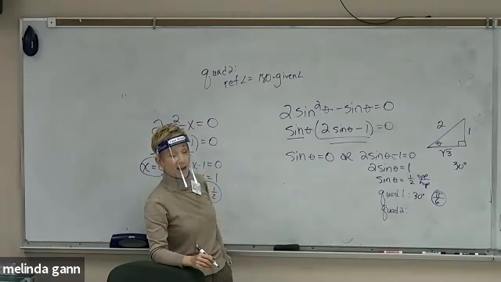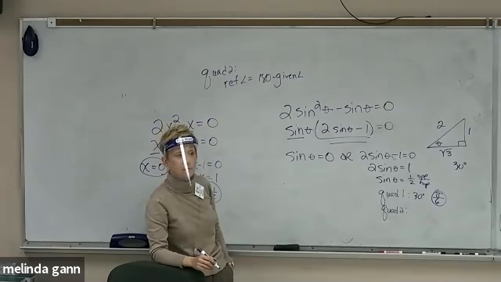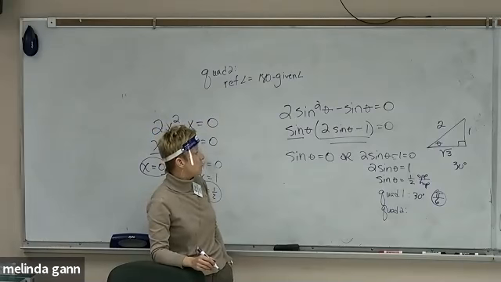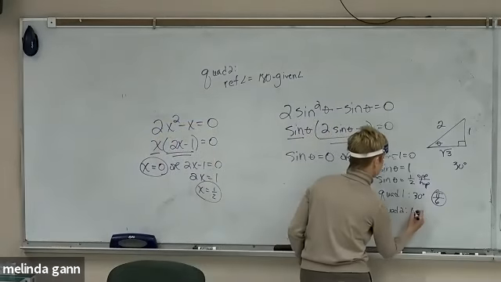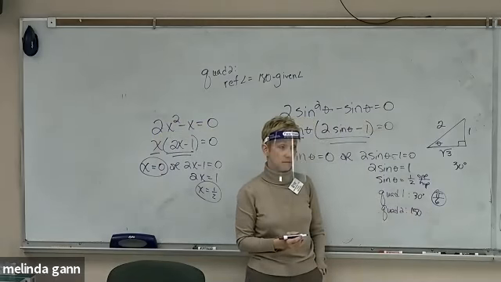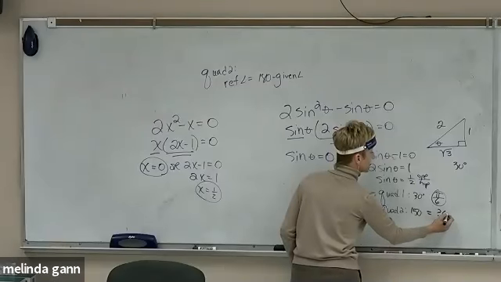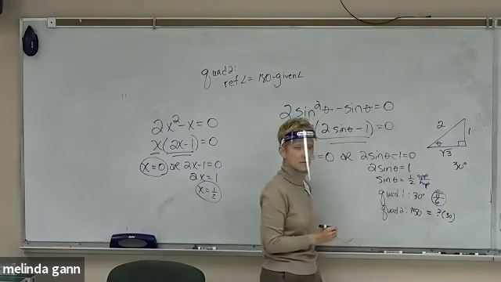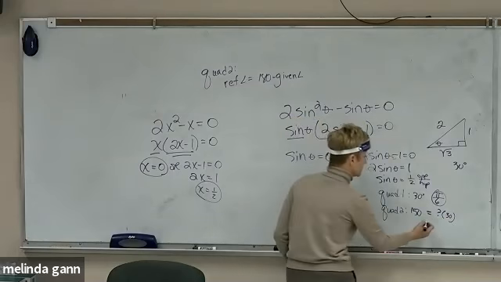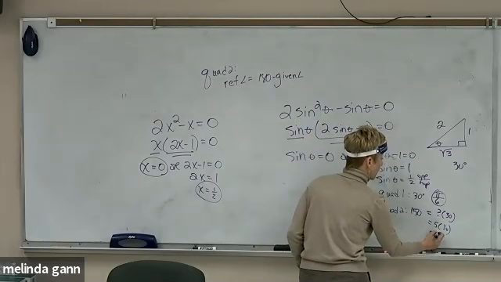So what do you subtract from 180 to get 30? 150? Now again, I can't put 150, right? But 150 has to be some number times that 30, doesn't it? 5. What did we say 30 was? Pi over what? 6. There we go, 5 pi over 6.